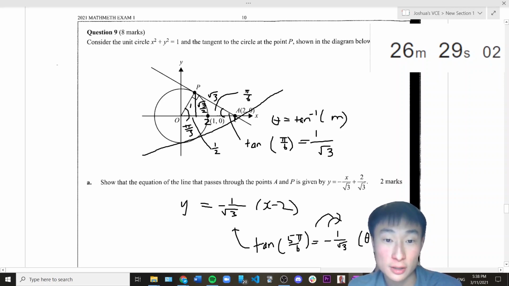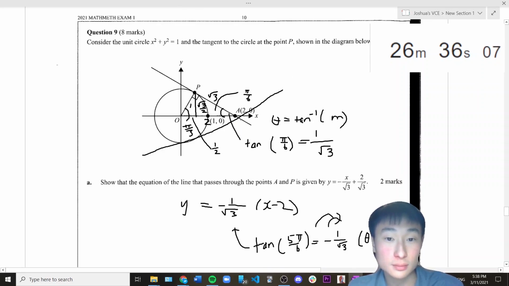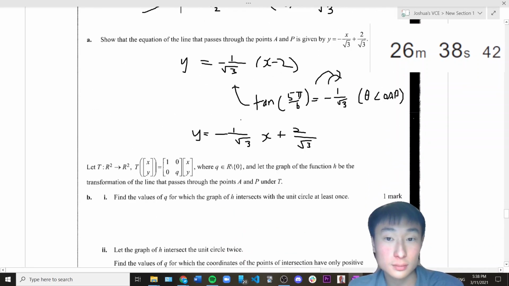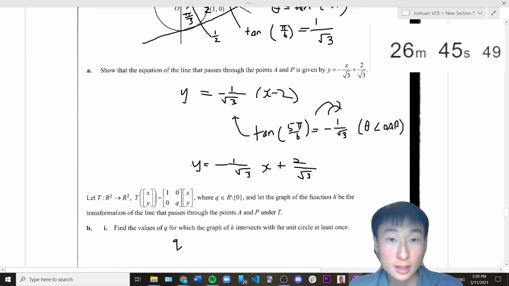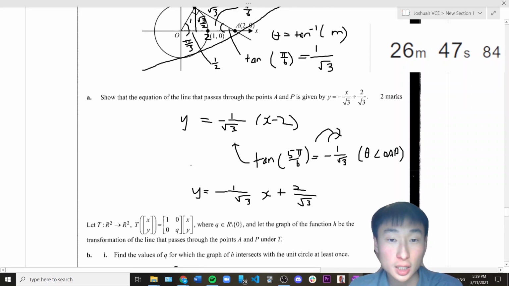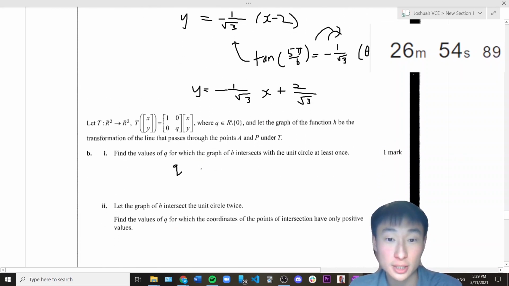Sorry for the messiness, but what that means is, so between this point and this point. So q has to be, this is just a perfect reflection, so q has to be between negative 1 and 1, not including 0.